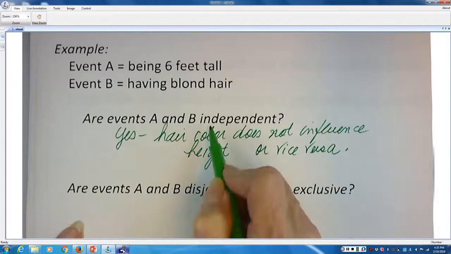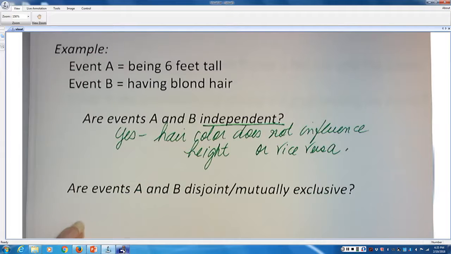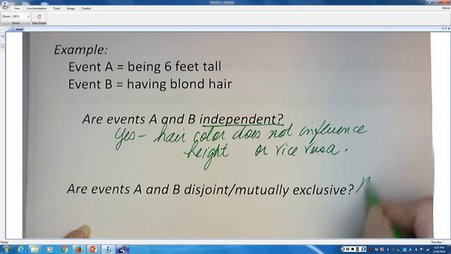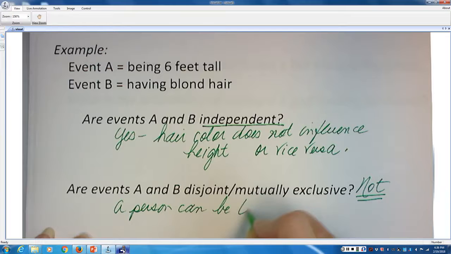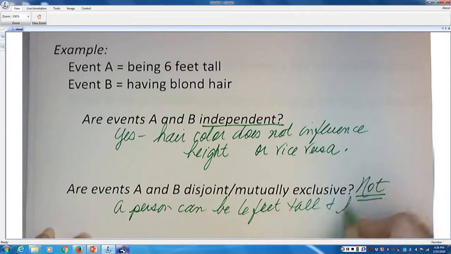So they are independent. They are not disjoint. A person can be 6 feet tall and be blonde. Okay? Practice those with some examples because you're going to need to be able to distinguish both of those different terms.